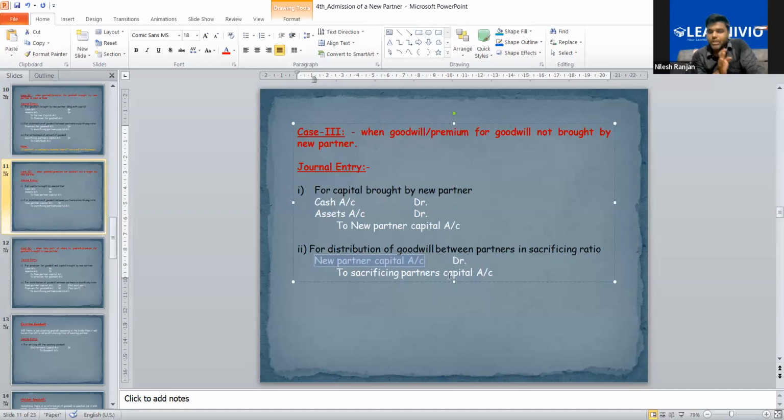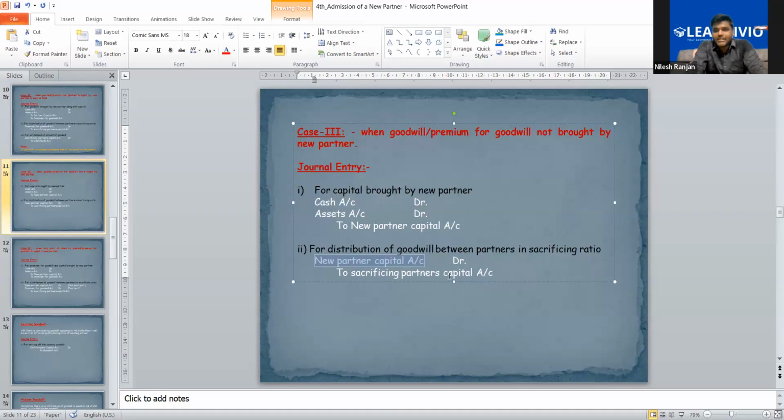That's why his capital account is on the debit side. Again, you can see this entry is gaining partner's capital account debit to sacrificing partner's capital. The new partner is the gaining partner, so you can easily say gaining partner's capital to sacrificing partner's capital. The effect is the same, but we are writing new partner's capital so that there is no confusion.